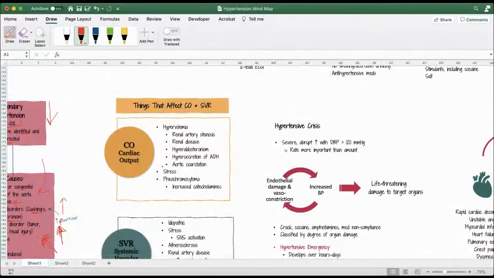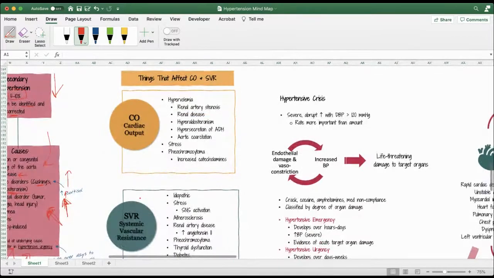Sorry. So we talked about these two major things that are affecting blood pressure, the cardiac output and the systemic vascular resistance. And remember, the cardiac output is the amount of blood that's coming out in a minute. The resistance is the pressure that's working against the blood moving in the vessels.